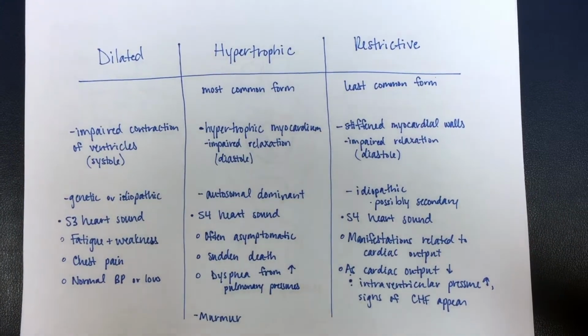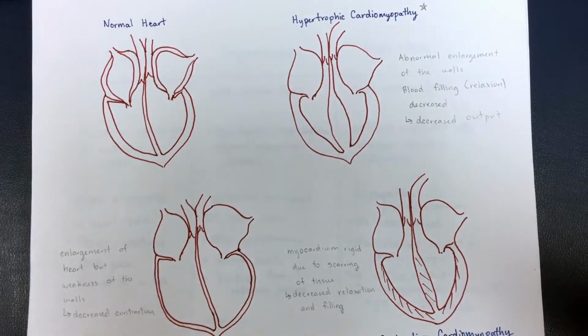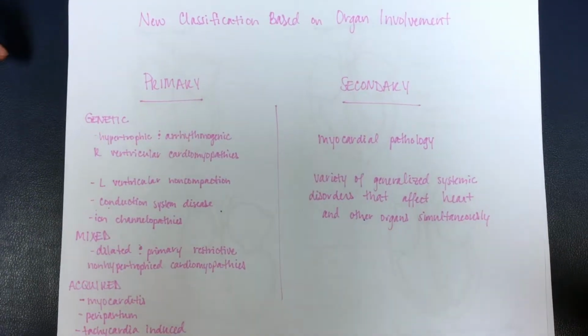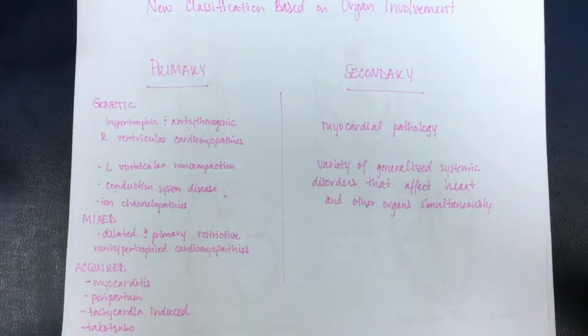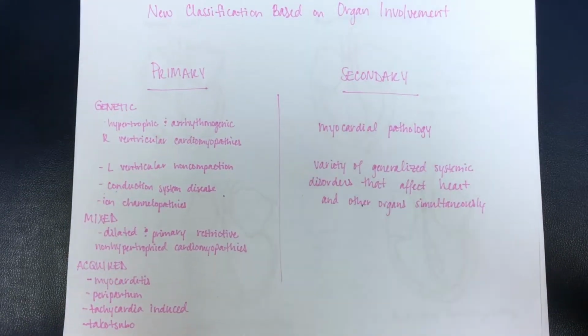So these are all classifications of the old system that are really easy to try and explain, but they do have a new classification system, and it's both primary and secondary. And primary is going to be based on the organ involvement, specifically due to the body itself.